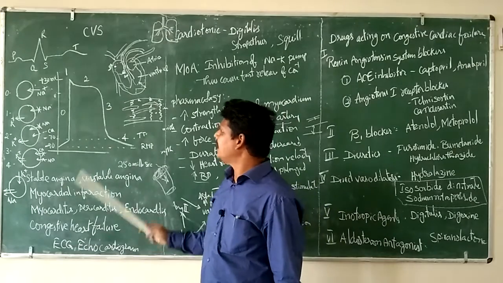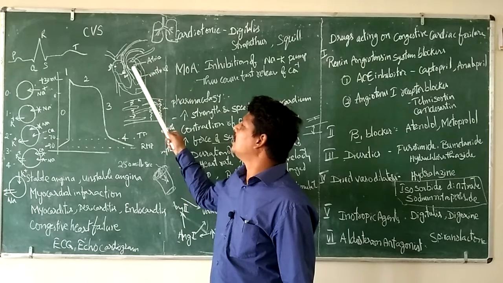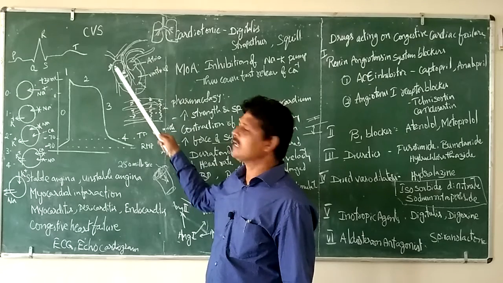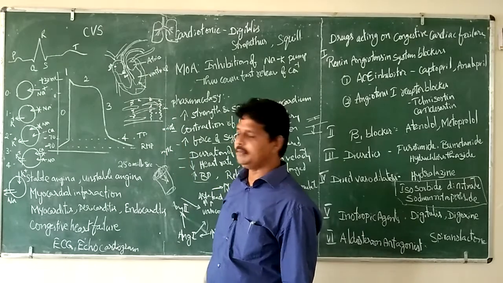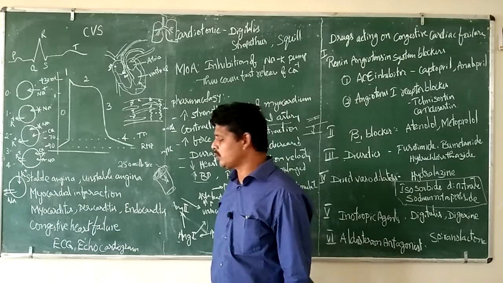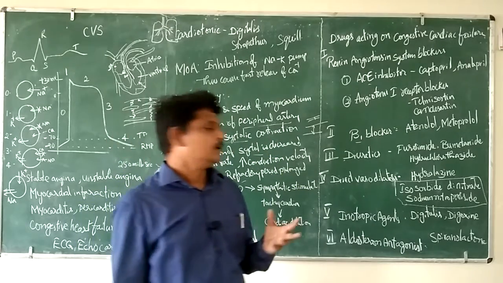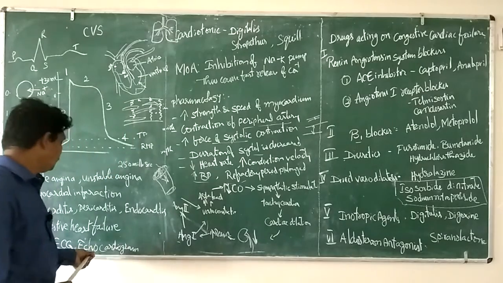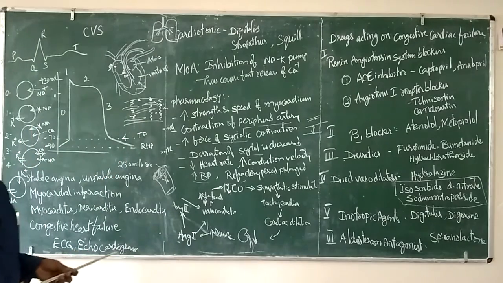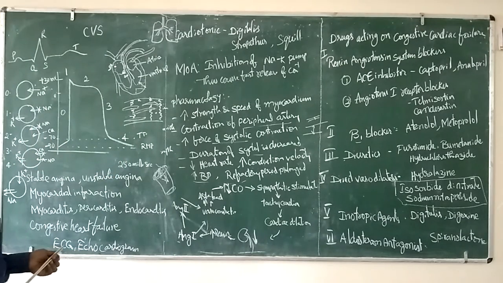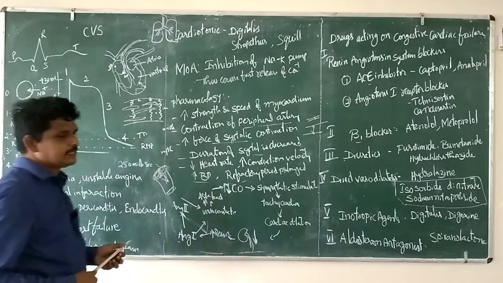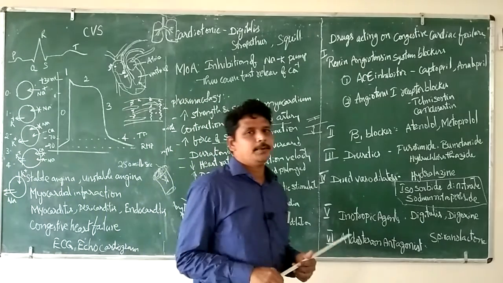ECG shows how the electricity is generated and how it passes through the heart. Echocardiogram uses sound waves, so you can see where the heart function is defective. So this is basically how the heart works.